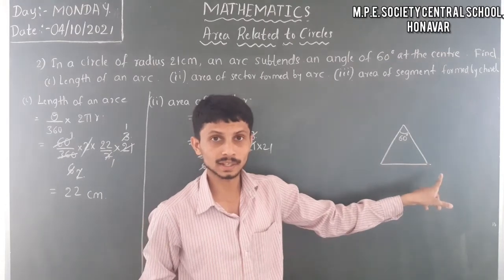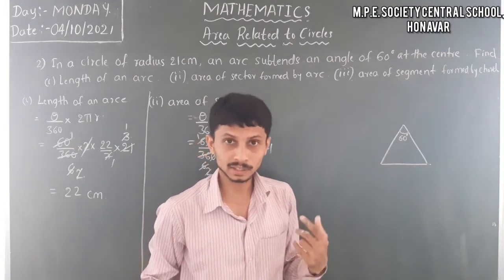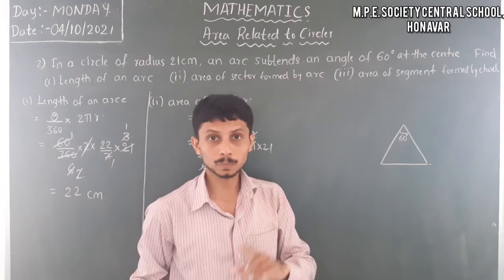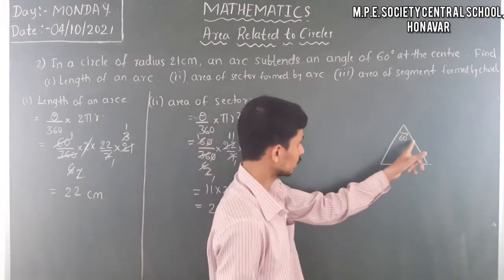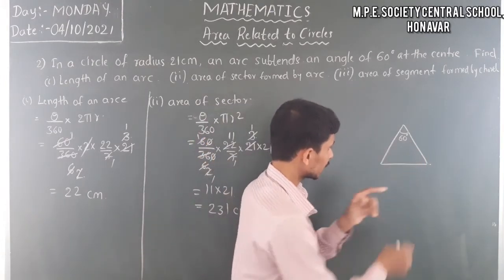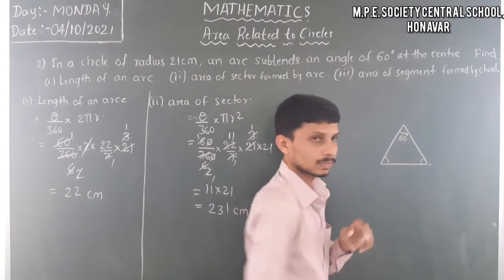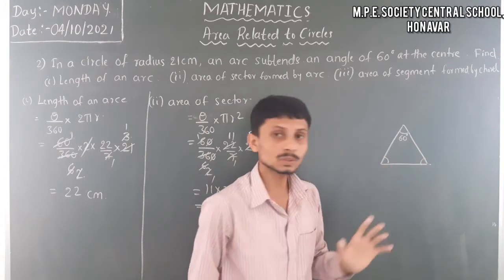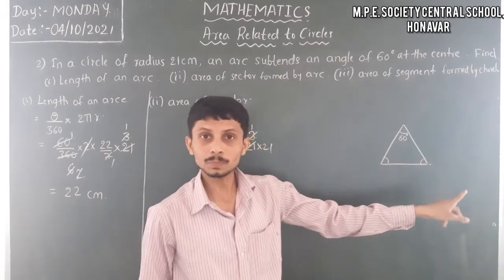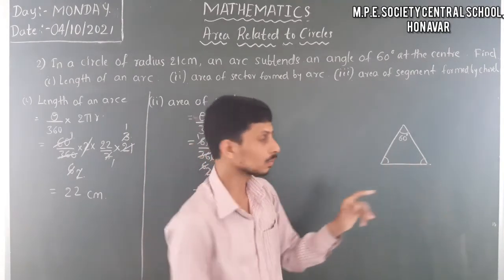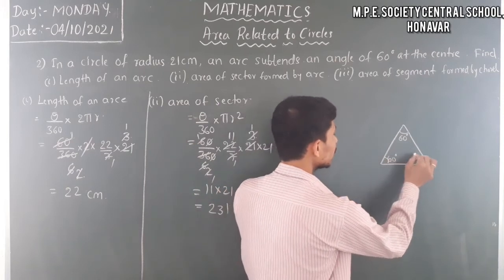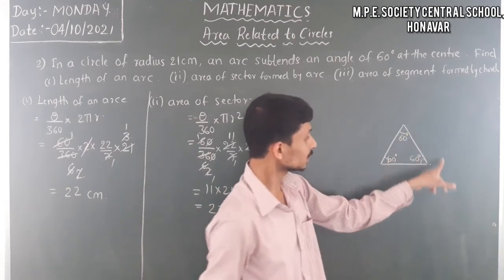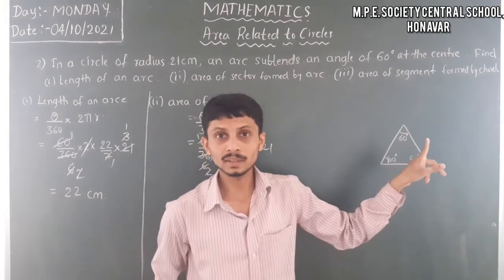The theorem on isosceles triangles states that the angles opposite to the equal sides are equal. The sum of these two is 120 degrees, and since both angles are equal, each is 60 degrees. So it's an equilateral triangle.